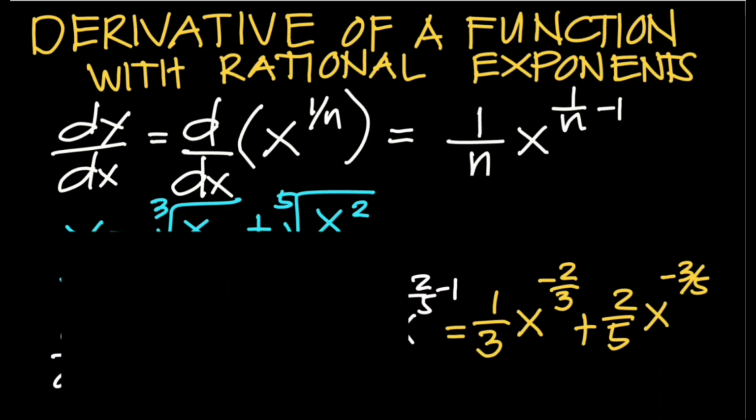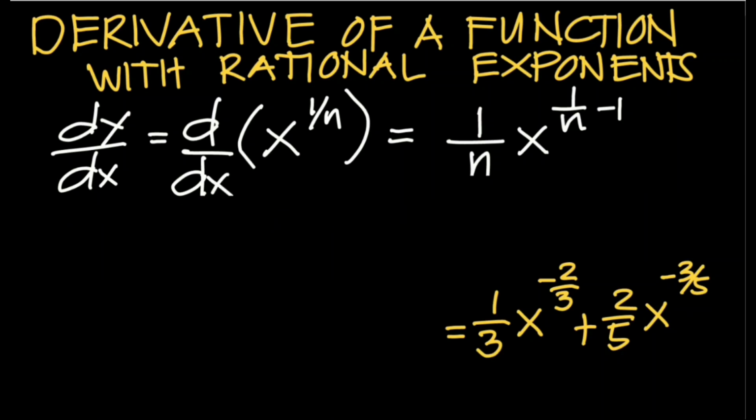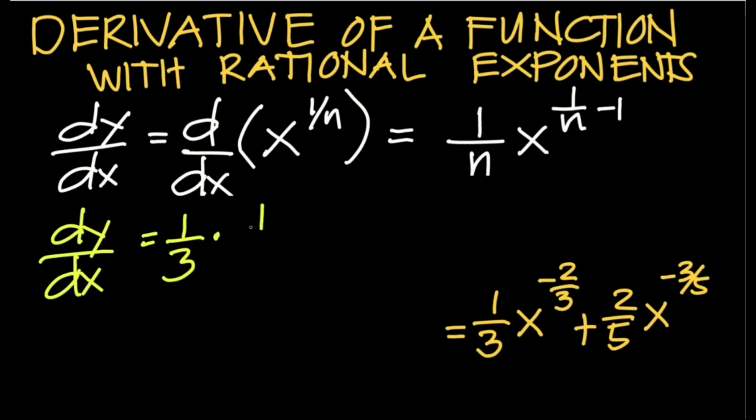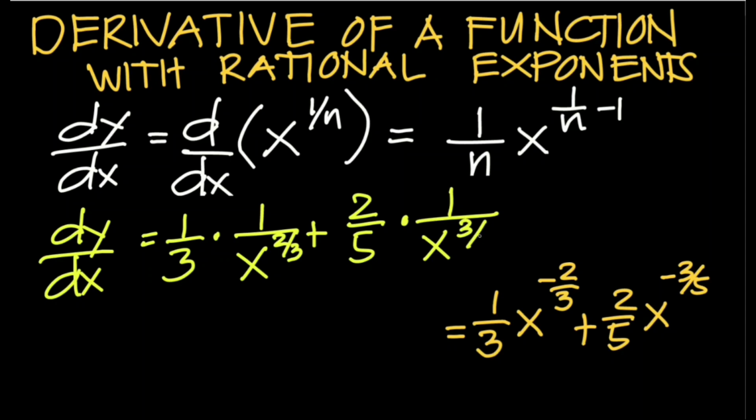And we can simplify that. We have negative exponents, right? So dy over dx is just equal to 1/3 times, we can write x to the negative 2/3 as 1 over x to the 2/3, plus 2/5 times x to the negative 3/5, which can be written as 1 over x to the 3/5.